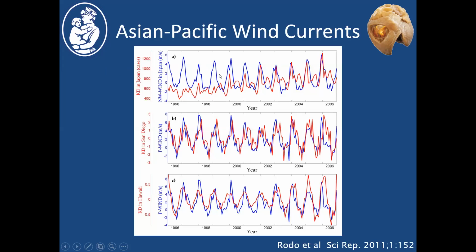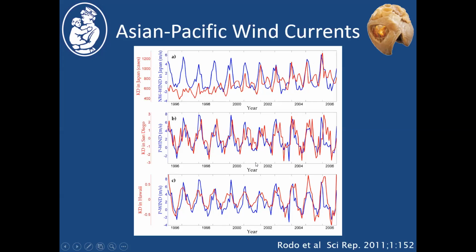environmental factors. This is a record of, in blue here, the wind currents that come across the Gobi Desert, across Japan, across the Pacific, and to California. And you can see the correspondence between the increase in wind velocity and increase in the incidence of Kawasaki, the seasonal variation that we see in Kawasaki disease.